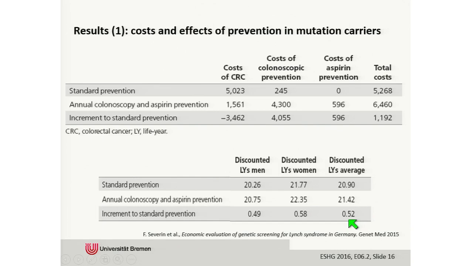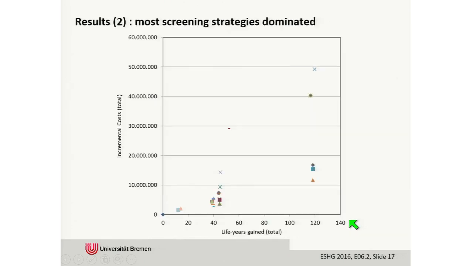So this was just the results for this Markov model, which compared the costs and effects of the patients. But we are interested in the cost effectiveness of the whole testing procedure. And as I said, there are 22 different alternatives. And this is just to show that by far most of those alternatives are, we had this term before, dominated.